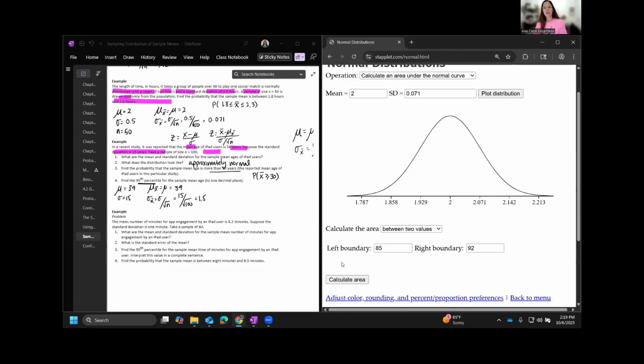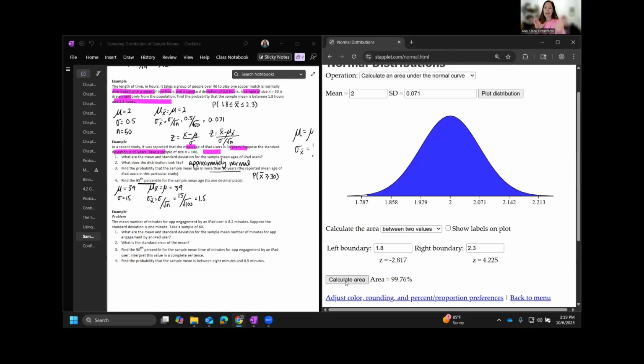And in this distribution, I wanted to know about the probability of being between 1.8 hours and 2.3 hours. How likely is that? Well, if you look at our distribution, 1.8 is pretty close to almost 3 standard deviations away, and 2.3 is further than 2 standard deviations away. So the z-score for the left boundary is negative 2.8, and the z-score for the right boundary is 4.